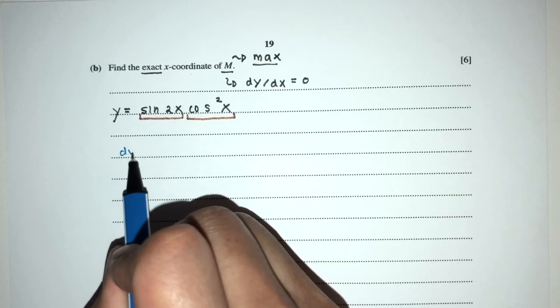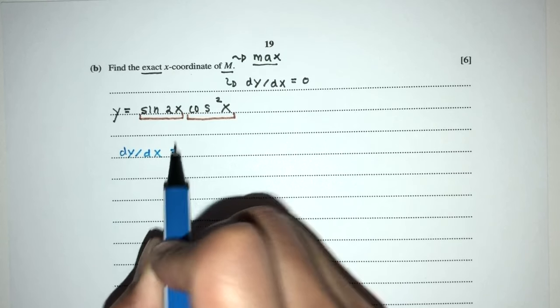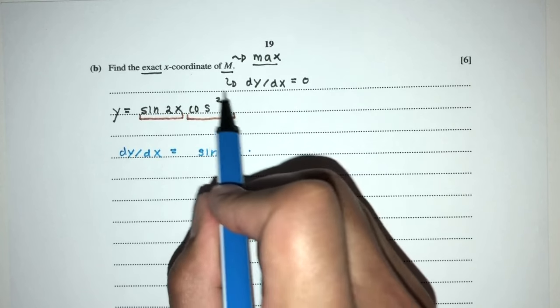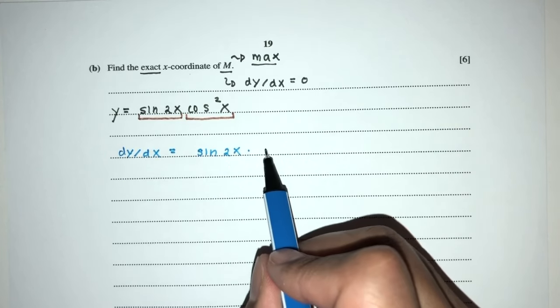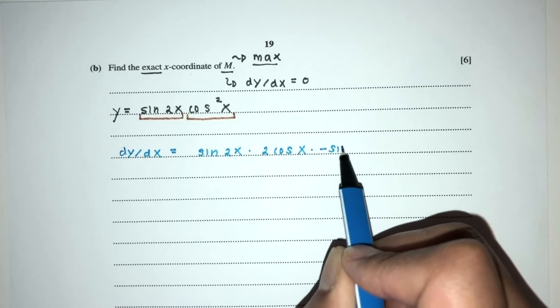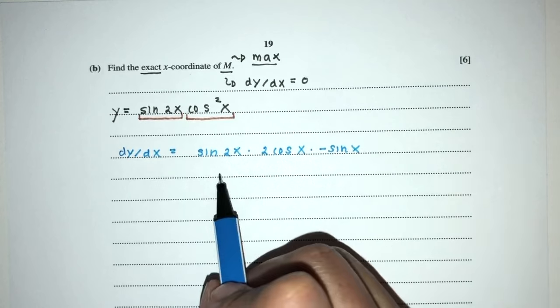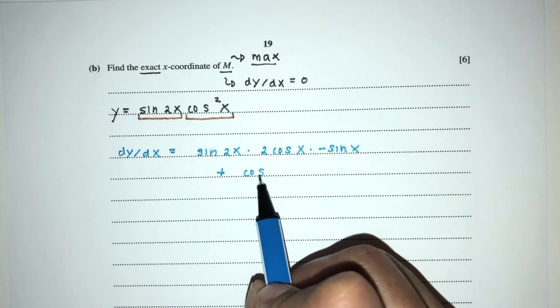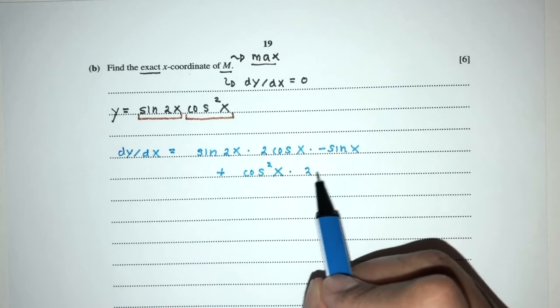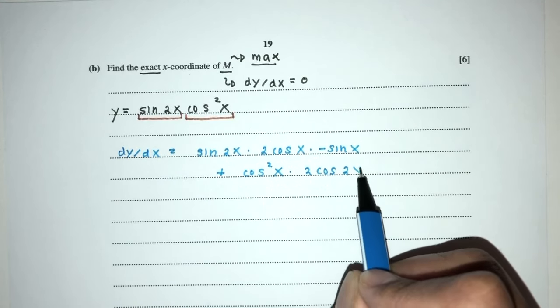We can leave the first one by itself, then d by dx of this one will be 2 cos x times minus sine x, then plus cos square x, then d by dx of sine 2x will be 2 cos 2x.